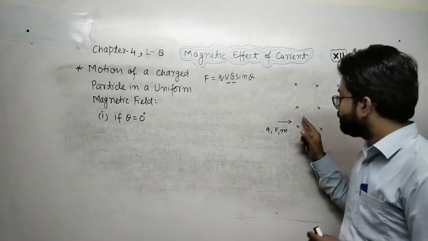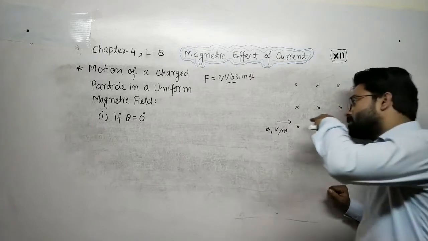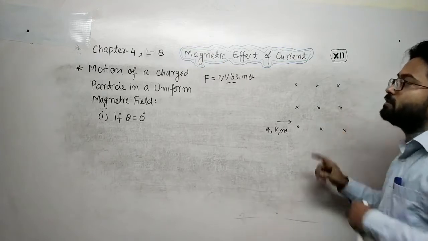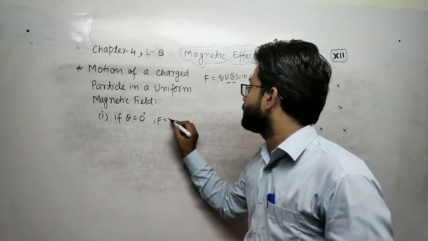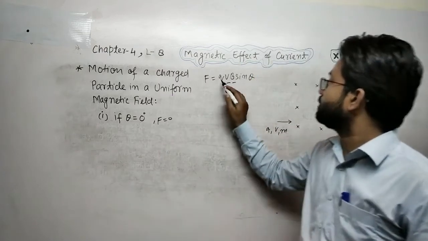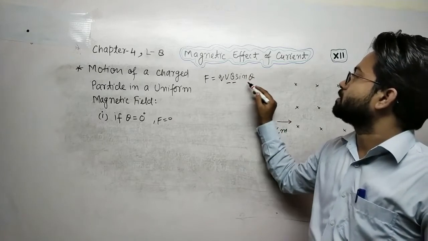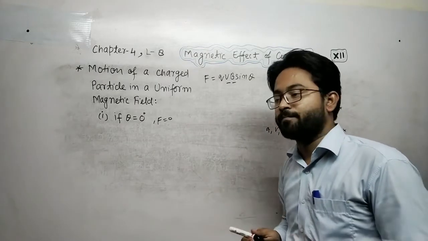That means if the magnetic field is in this direction and velocity is in the same direction, if both are in the same direction, then F is equal to 0, because sin theta will be 0, sin 0 is 0. F is equal to 0, that means no force is acting.